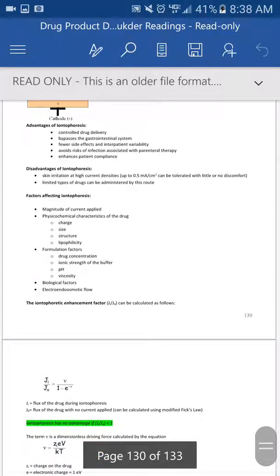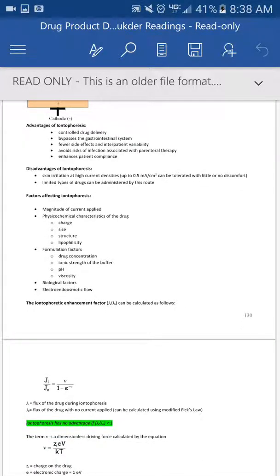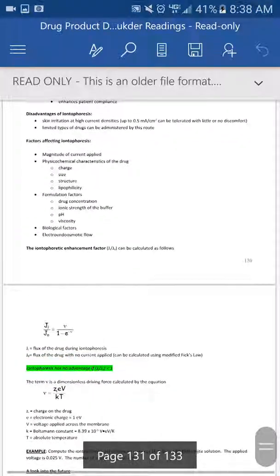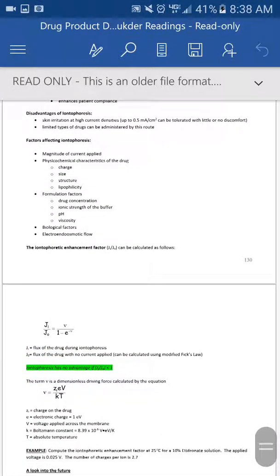Advantages of ionophoresis: controlled drug delivery, okay? Bypasses the GI system. Fewer side effects and interpatient variability. Avoids risk of infection associated with parenteral therapy. Enhances patient compliance. Disadvantages: skin irritation at high current densities. So anything over 0.5 milliamps per centimeter squared cannot be tolerated pretty much.